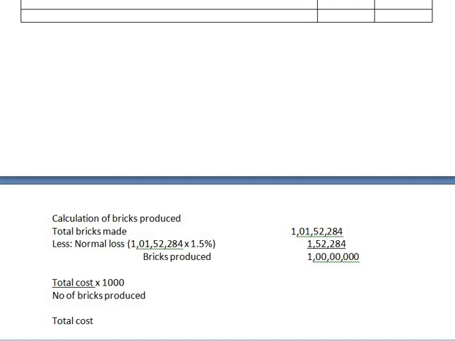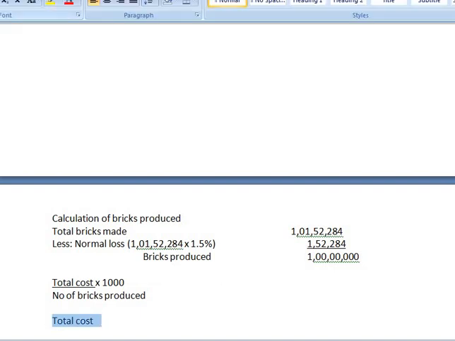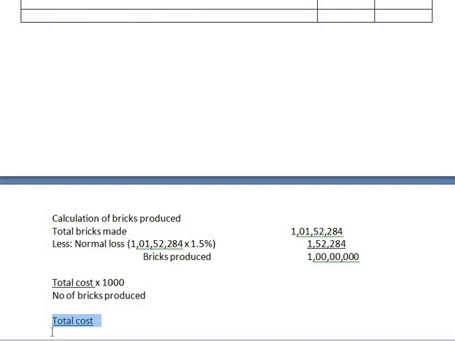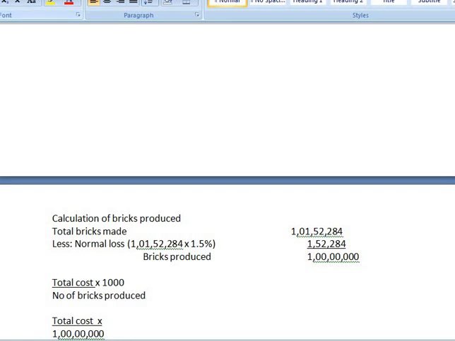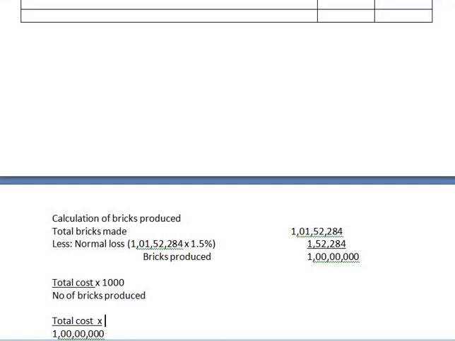Total cost divided by the number of bricks produced, which is 1 crore. We are calculating it per thousand, so into 1000.